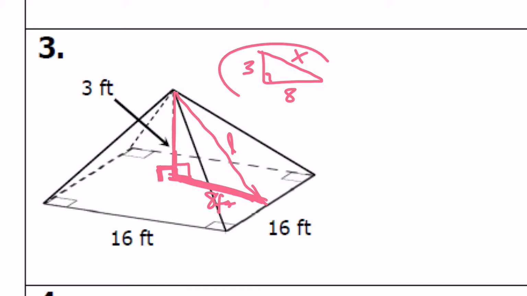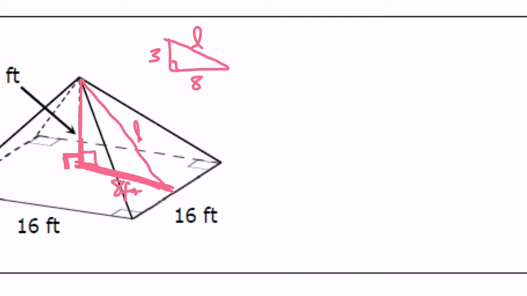Think of it as if I took this little triangle, this little sliver, and cut it out of this pyramid. That allows me to find the value of that hypotenuse, which happens to be my slant, which I'll call L, using my Pythagorean theorem.